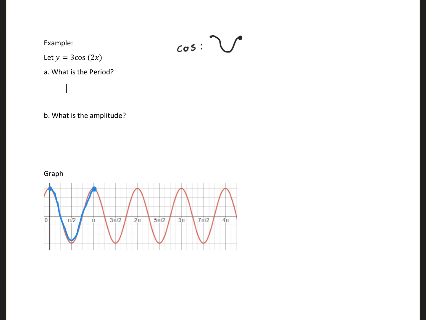Remember, the period equals 2 pi over k. In our function, k equals 2. So the period will equal 2 pi over 2. 2 over 2 cancels. This is just going to have a period of pi units.